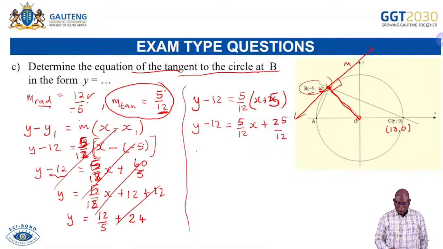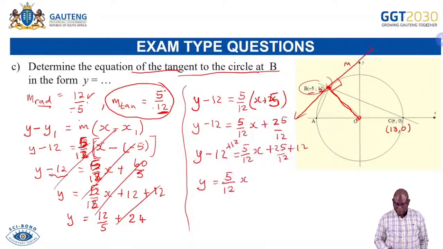So I'm going to get y minus 12 equals 5 over 12x plus 25 over 12. Then I add 12 on both sides. Then I'll have y equals 5 over 12x, then 12 times 12 is 144, plus 25, that is going to be 169 all over 12.